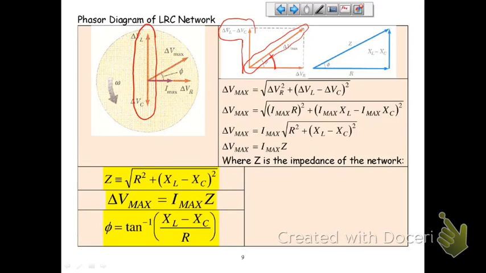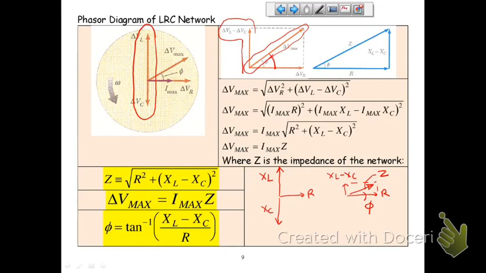What I picture is my XL and my XC and my R. I combine XL and XC, so this is going to be XL minus XC, and this is still going to be my R. And I combine these together to give me a Z value and a phase angle.